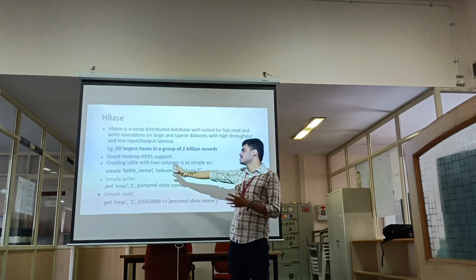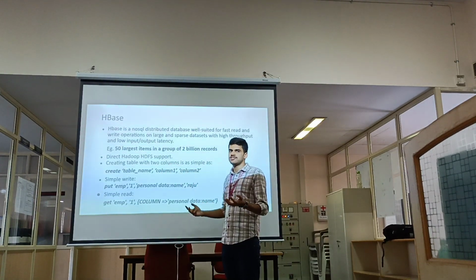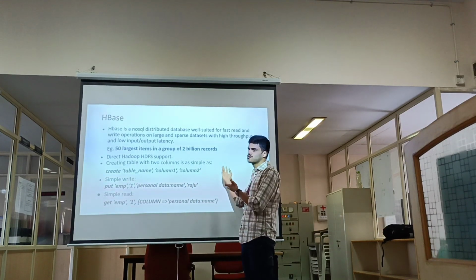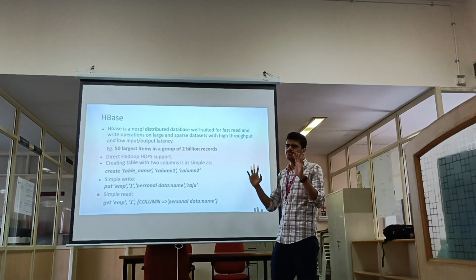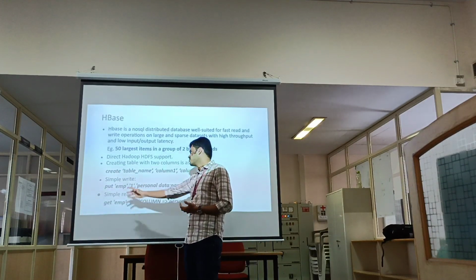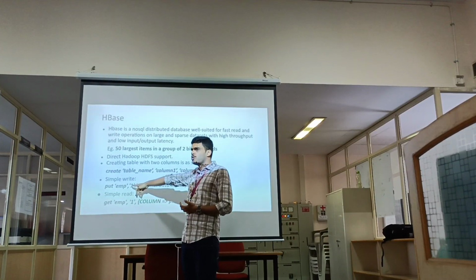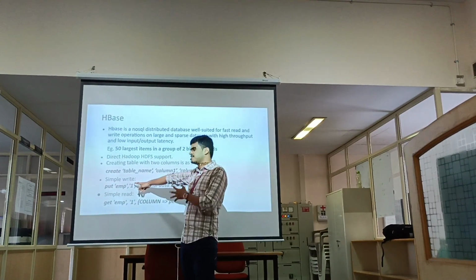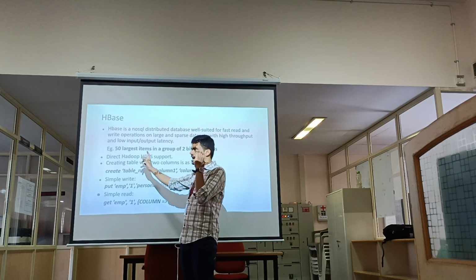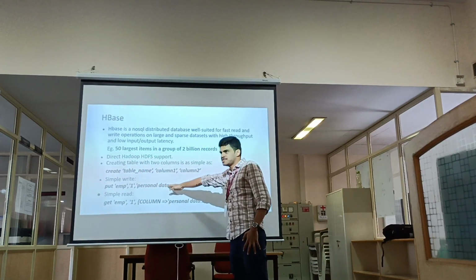To create a table is as simple as this. We'll say create table name, some table name we can give, and we can give as many columns as we want. Column 1, column 2, column 3, etc. And if we want to perform a write, we just use the put command. So we have put followed by the table name, and we have 1. What is this 1? It represents the row number. So I'll insert into row number 1, and this is the column name.